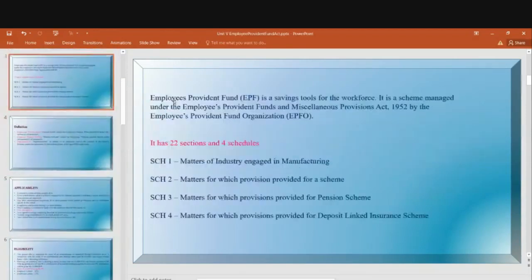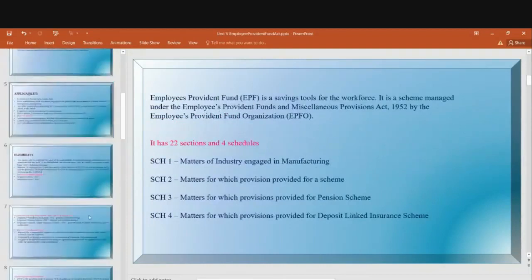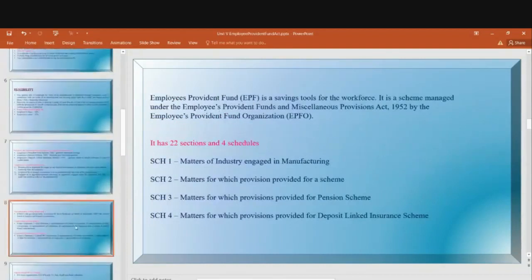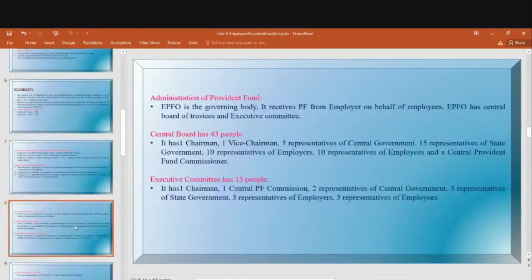That is the body which is set up to administer the Provident Fund. So it is the governing body. It receives PF from the employer on behalf of employees. So this is 12%.